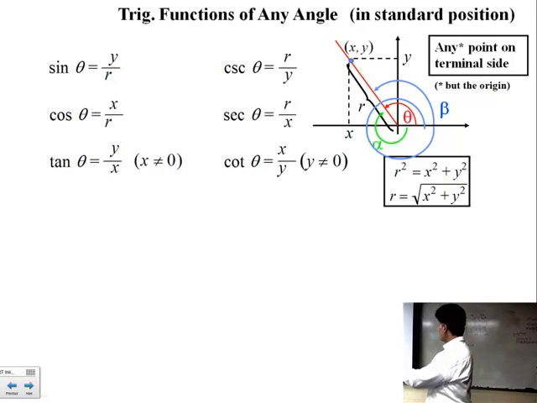So the x coordinate is here, the y coordinate is here. And now notice that x is negative, because it's to the left of the origin. y is still positive in this particular example because the terminal side is in quadrant 2.